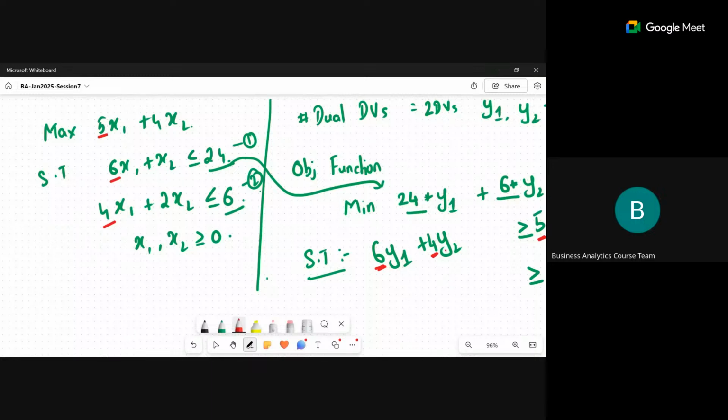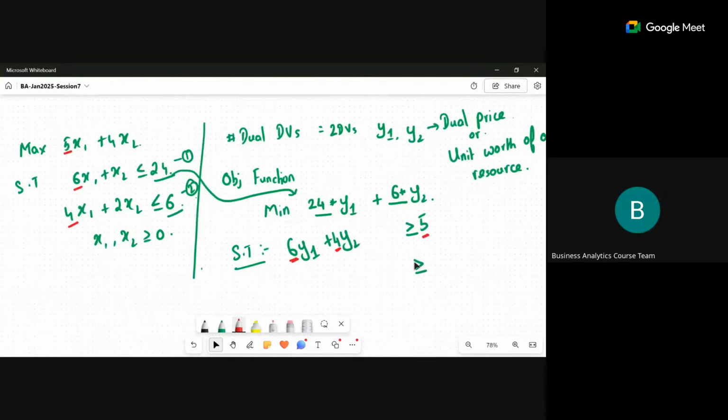So, here, always remember the RHS are the objective function coefficients. So it will always be 5 and 4. That will be your RHS.